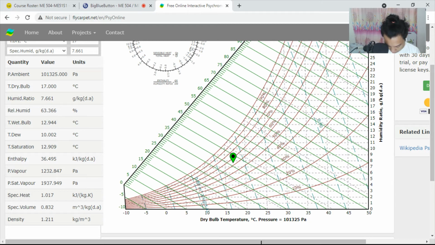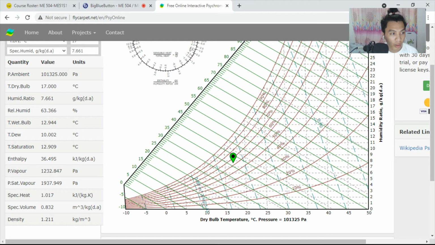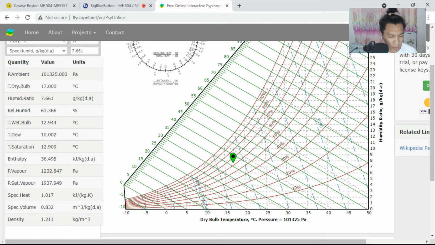63.366. Tama? 63.366%. Dew point is 10.002 degrees Celsius. Wet bulb, 12.944.